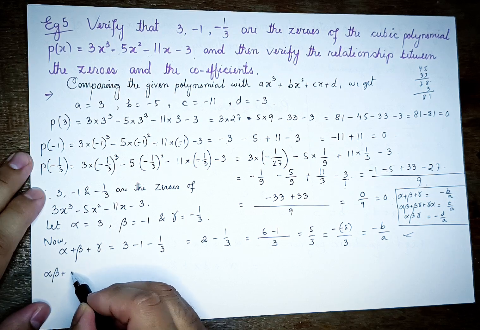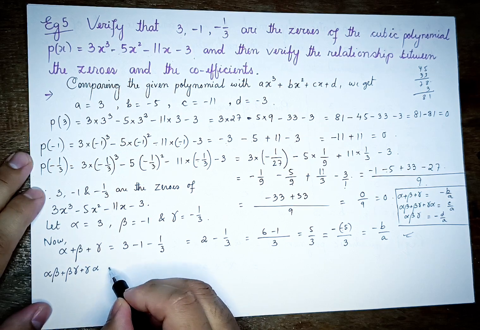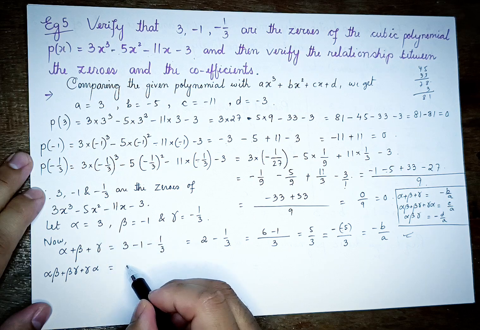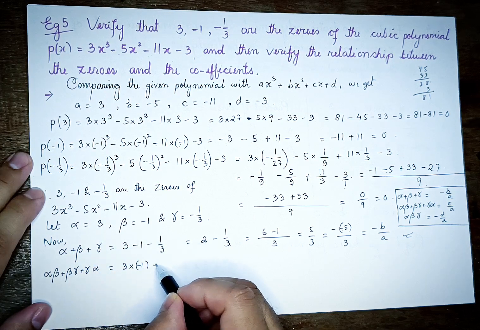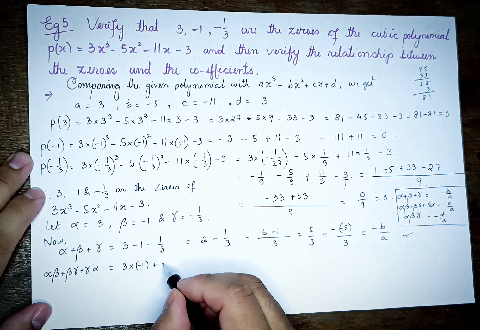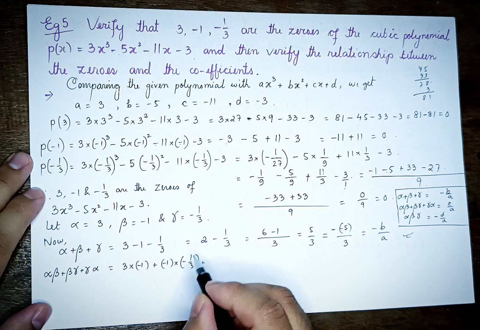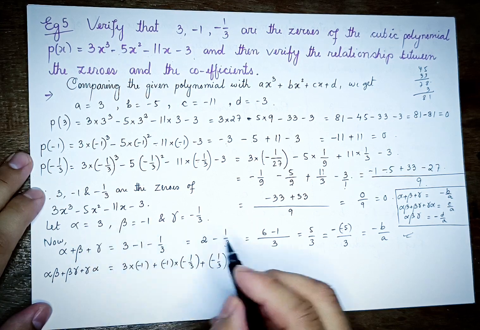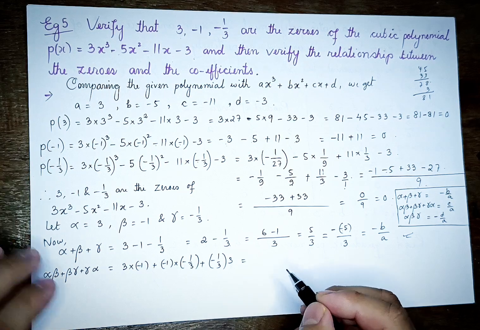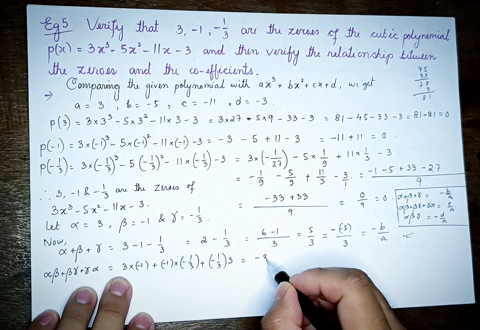Next one is alpha beta plus beta gamma plus gamma alpha. Alpha is 3 here into beta is minus 1, plus beta is minus 1 into gamma is minus 1 by 3, plus gamma is minus 1 by 3 into alpha is 3. So it gives 3 into minus 1, we get minus 3.